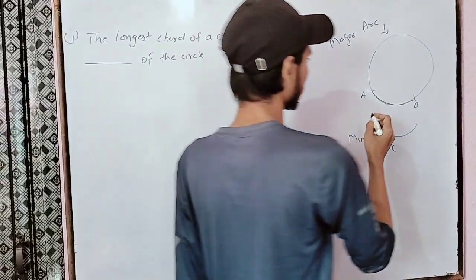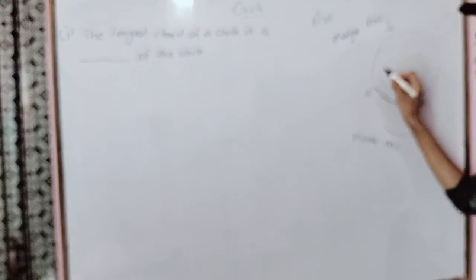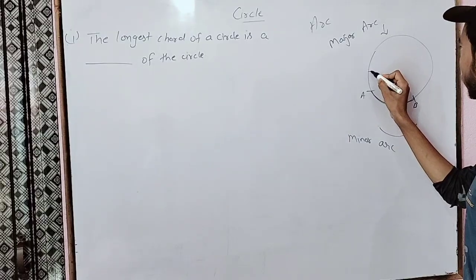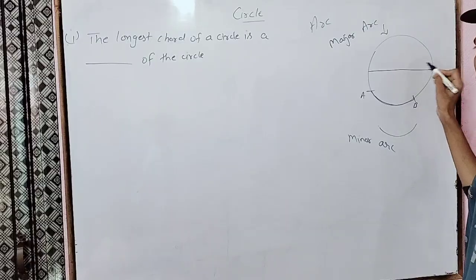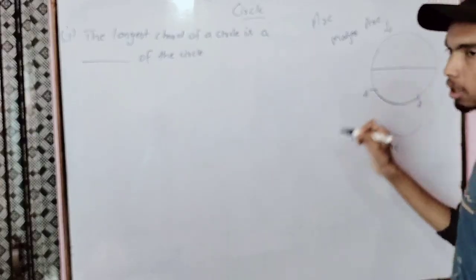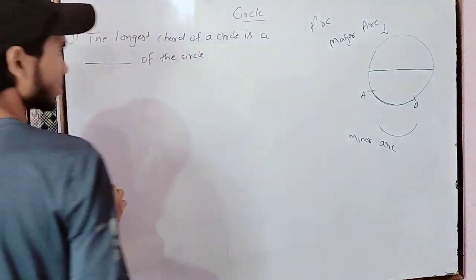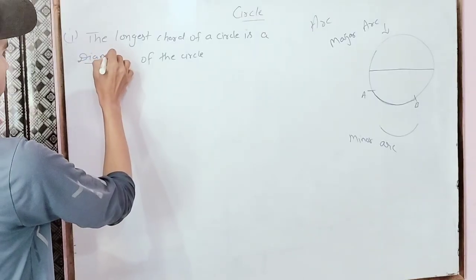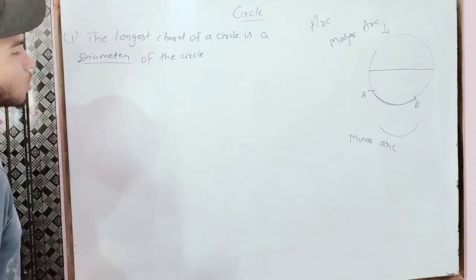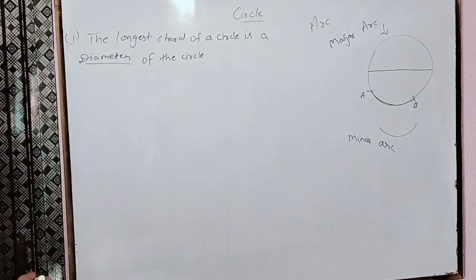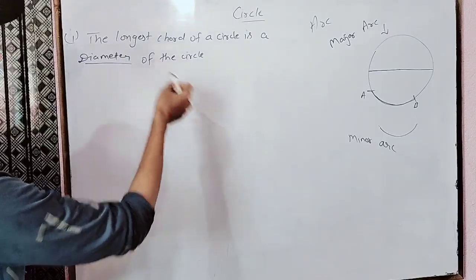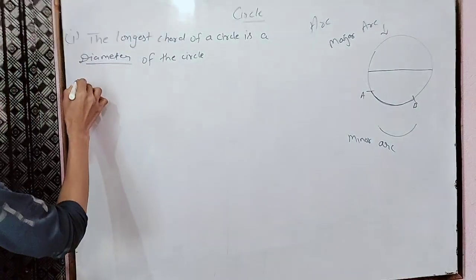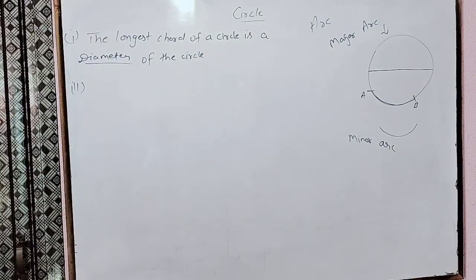We know that the longest chord will pass through the center, and that is a diameter. So the longest chord of the circle is the diameter of the circle. Clear? Now next question.